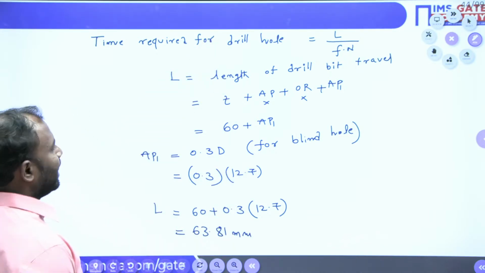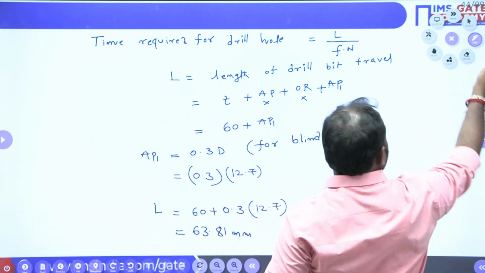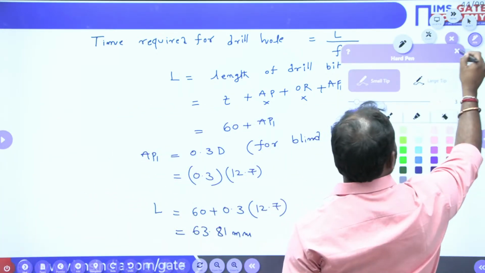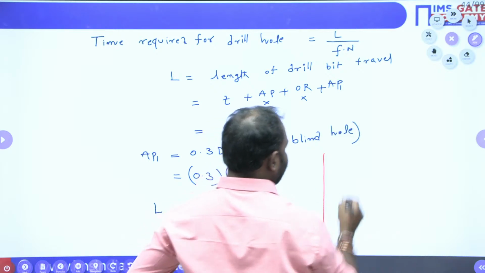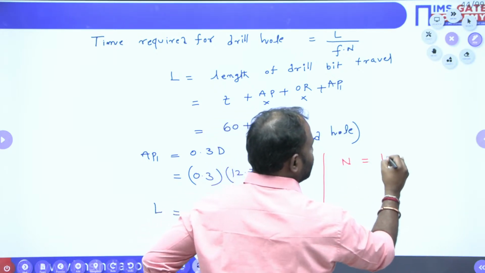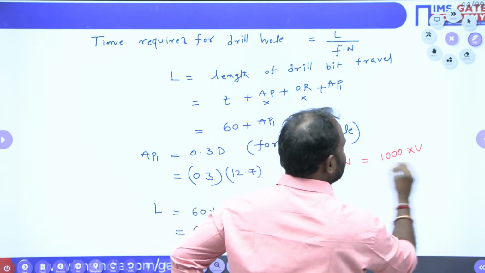Now we don't know the N. Let us calculate N from the cutting speed. N equals 1000 V by pi d.